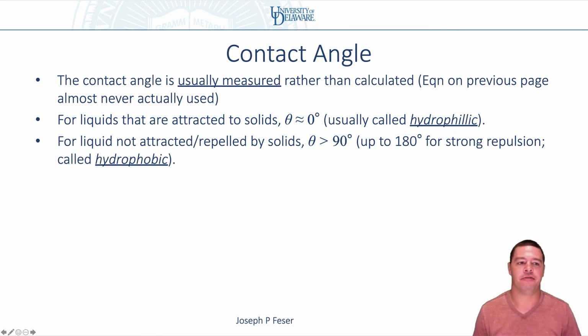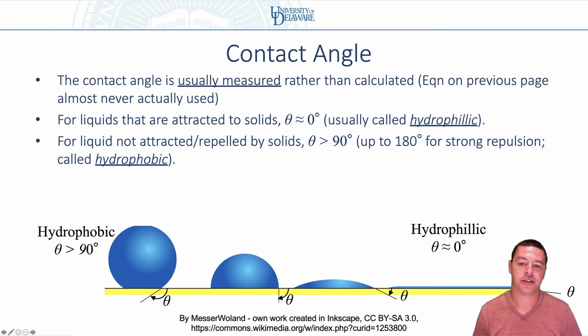The flip side of that is that for many applications, you actually want the liquid to not be attracted to the solid. So think of water repellent outdoor gear. In that case, you're looking for a contact angle that is greater than 90 degrees.